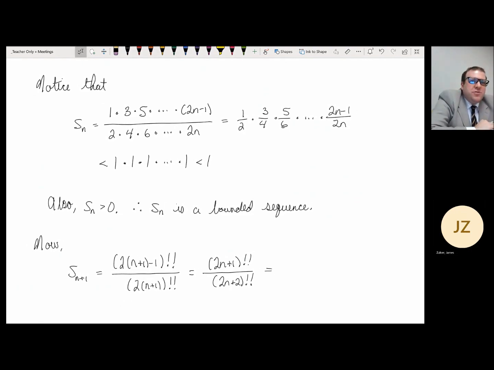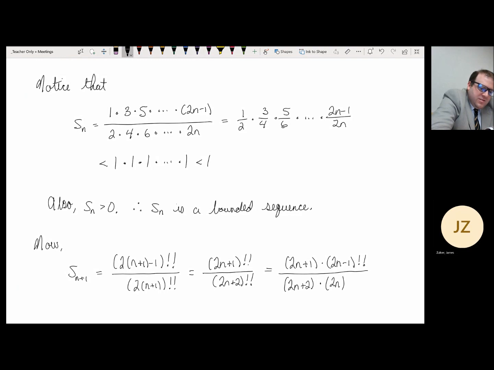Using properties of factorials, 2n plus 1 double factorial will be 2n plus 1 times 2n minus 1 double factorial. 2n plus 2 double factorial would just be 2n plus 2 times 2n double factorial.